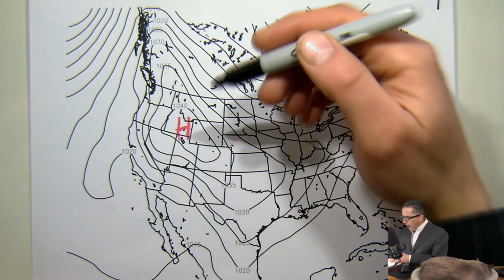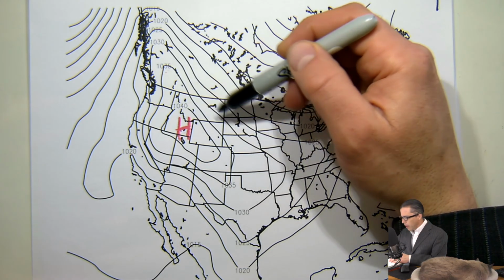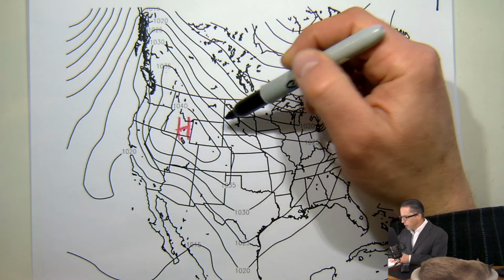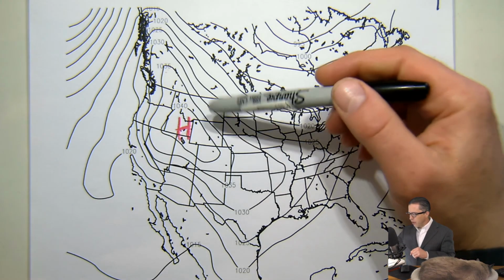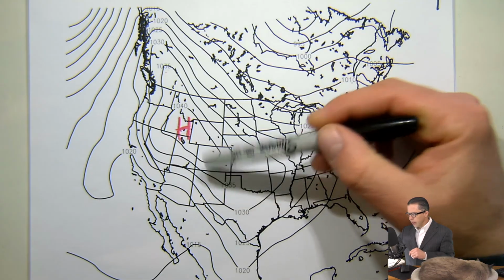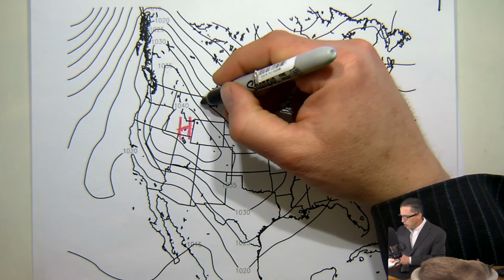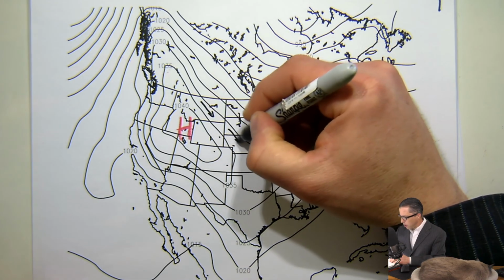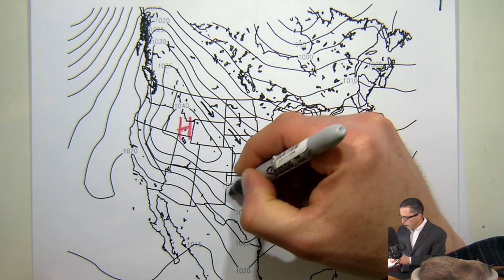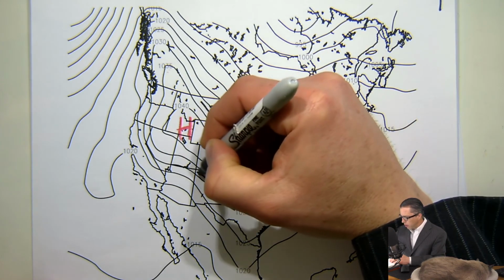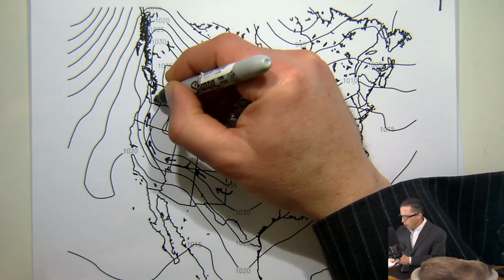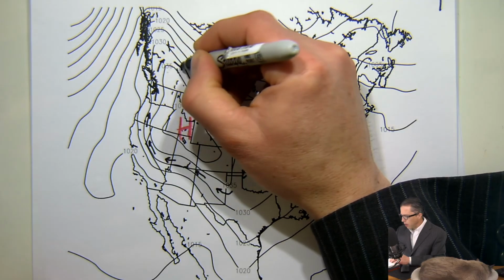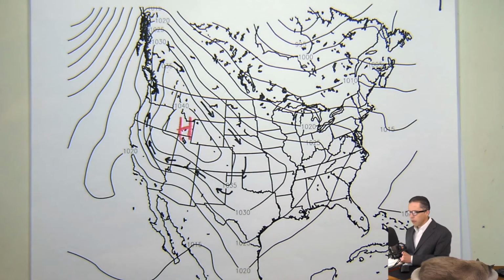In this class, we're going to assume that the winds are traveling parallel to the contour lines. So I'm drawing lines that are parallel between these contours, but they're overall going in a clockwise fashion, right?